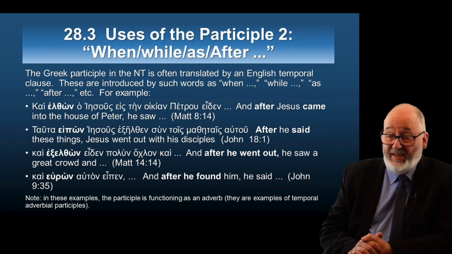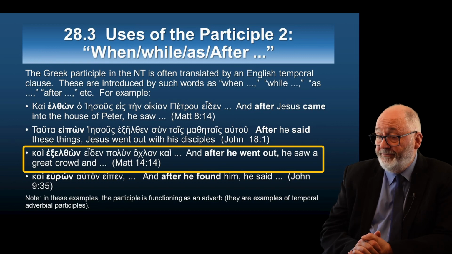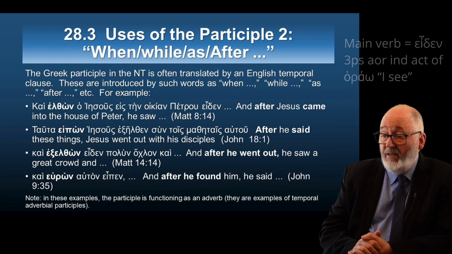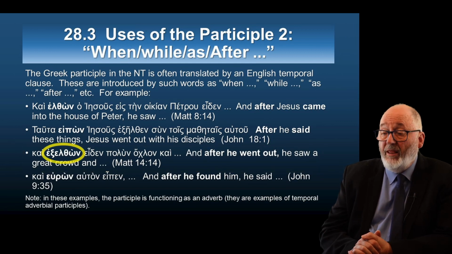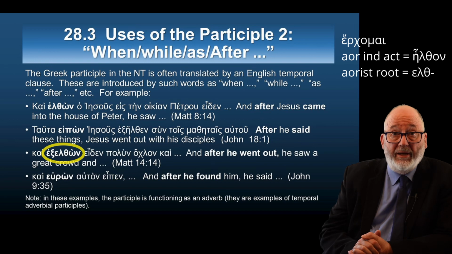Let's look at another example. Kai exelthon, eiden polyn ochlon. So the main verb is eiden, he saw. The participle is exelthon. Well, we've seen elthon in the first example, haven't we?